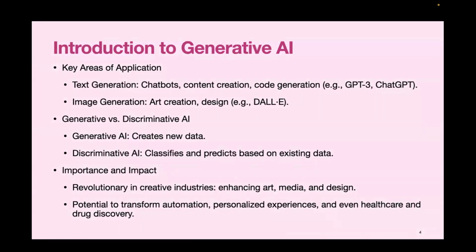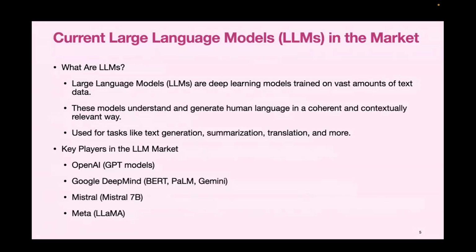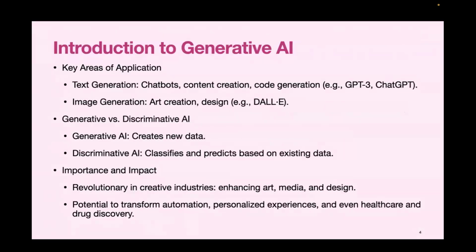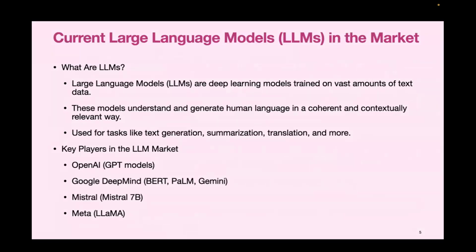We can use generative AI for research purposes, and we can also use it for creativity. So this is all about generative AI. And coming to large language models, whatever we call generative AI models, these models use large language models internally.